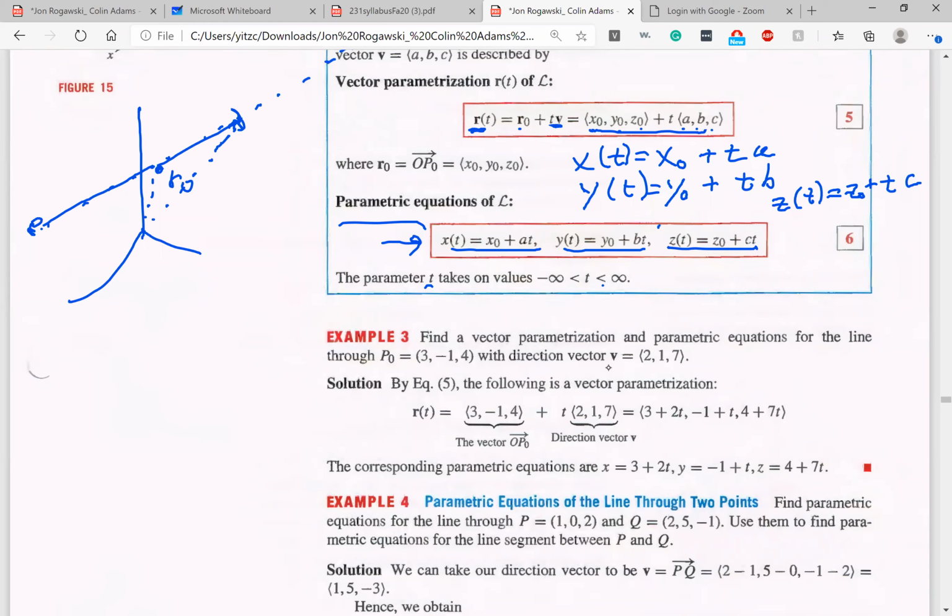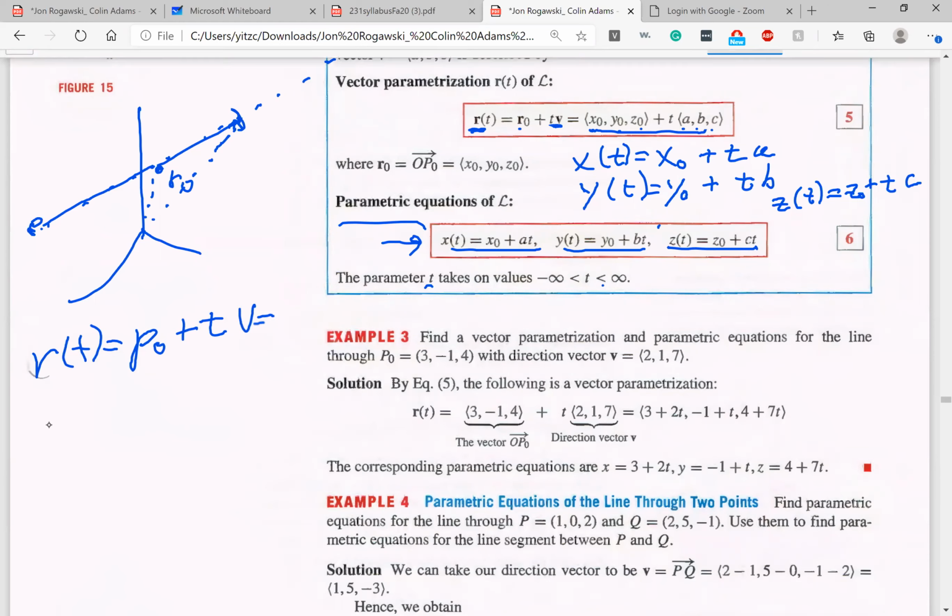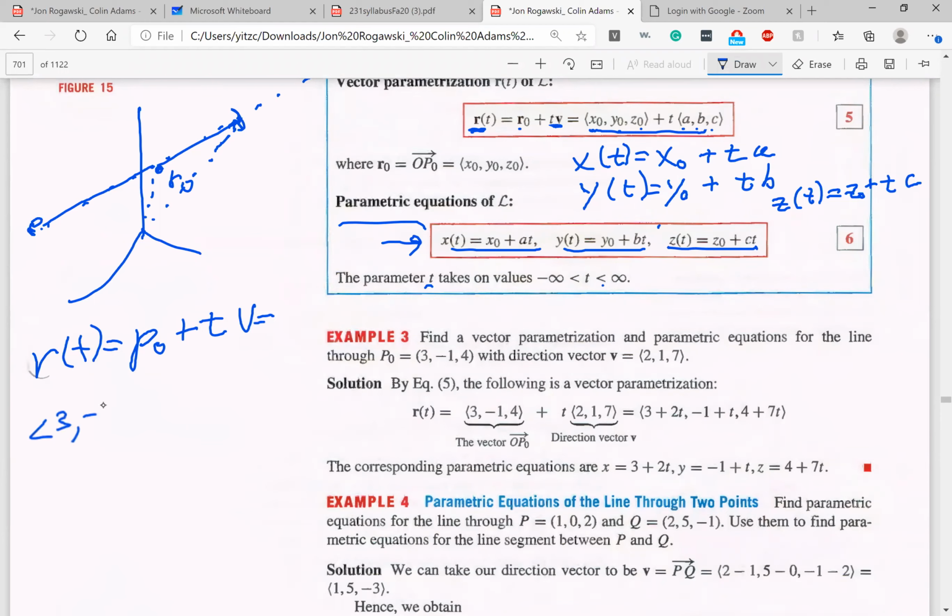So again, our R of T is going in this case to be equal to P naught plus T times this V over here. So that's going to be 3, -1, 4 plus t of v over here, which is 2, 1, and 7.